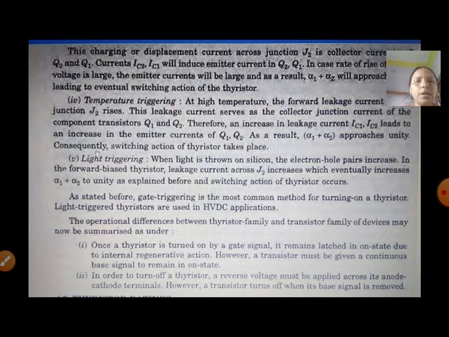So the operational difference between the thyristor family and the transistor family of devices may now be summarized as under. There is some operational difference between a thyristor family member and a transistor family member. What are those? The first one is, once a thyristor is turned on by a gate signal, it remains latched in the on state due to internal regenerative action.